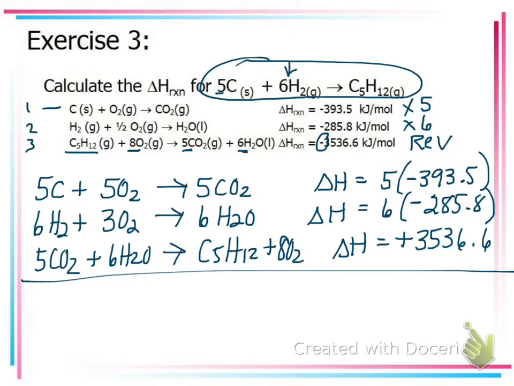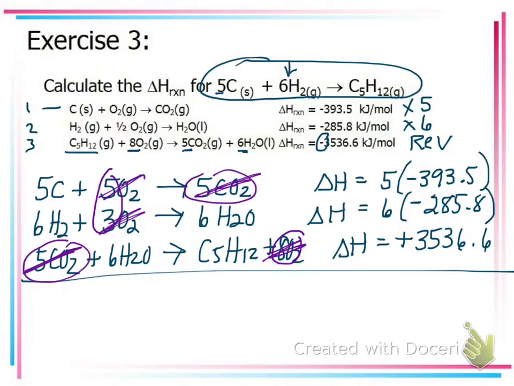All right, let's add everything up and see what cancels. I see that I have 5 CO2s here, here, and here on opposite sides, so they're going to cancel. And I have 8 total oxygen on each side, so all my oxygen is going to balance out.